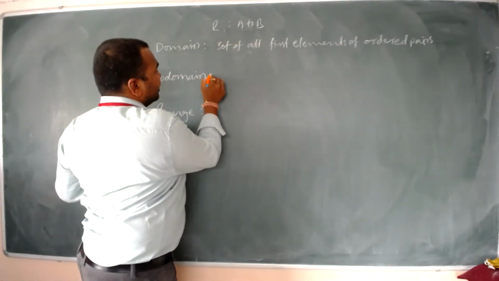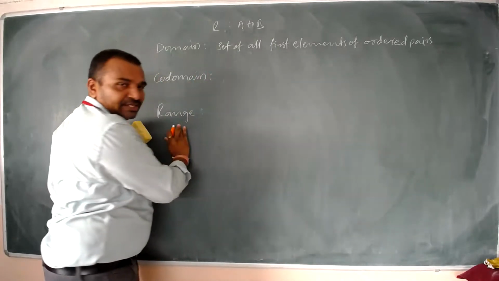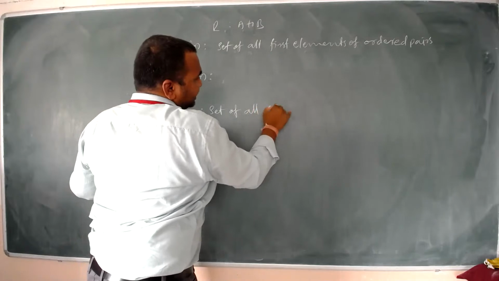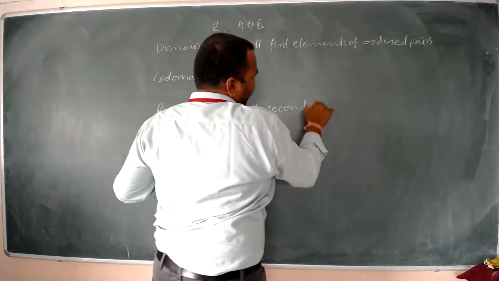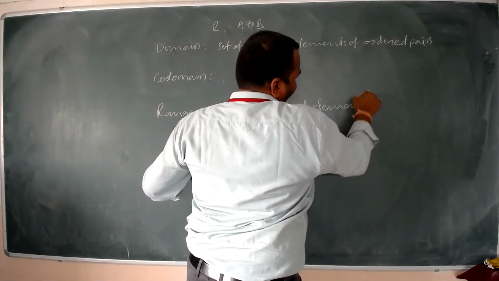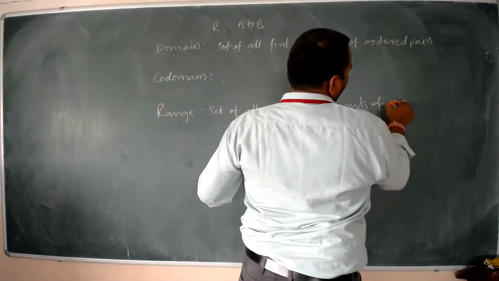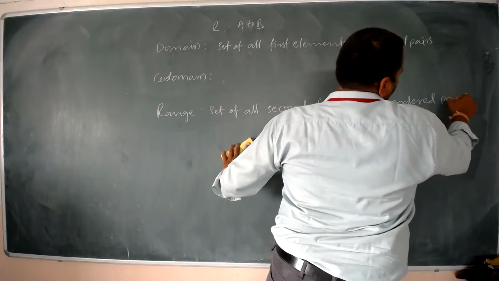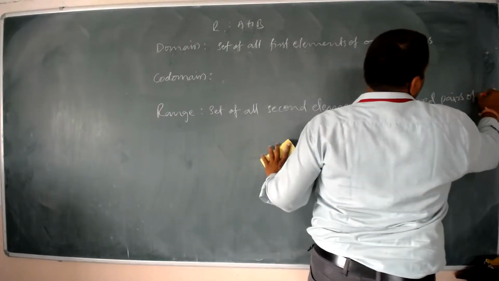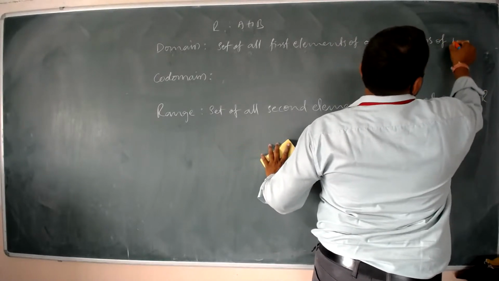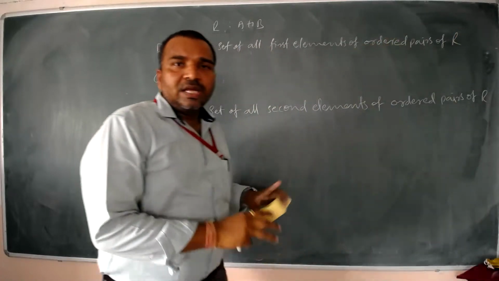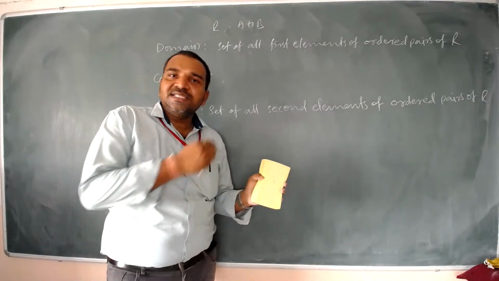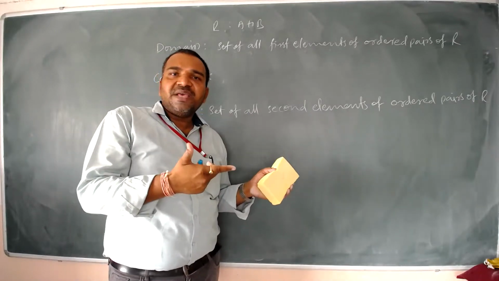Next, codomain. Okay, first we will discuss range. The set of all second elements of the ordered pairs of the relation. A relation contains ordered pairs because a relation is a subset of A cross B, and A cross B has ordered pairs.